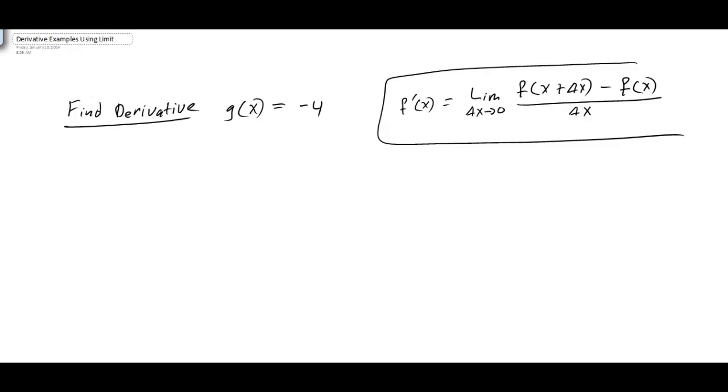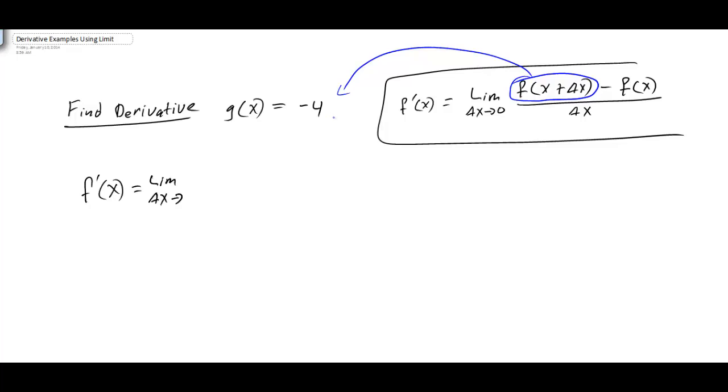So to get started here, we want to find f prime of x, and for this function we need to evaluate f of x plus delta x. So remember, that means we're going to take x plus delta x and substitute that in to our function for x.